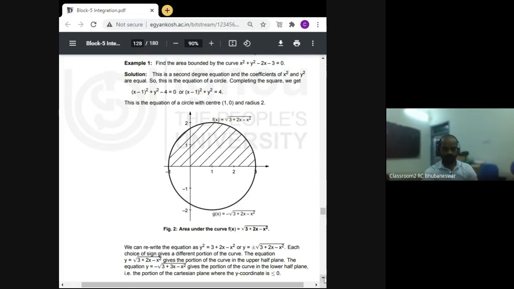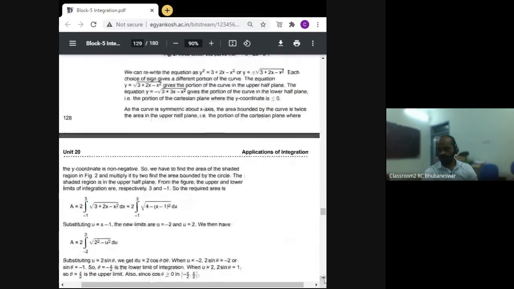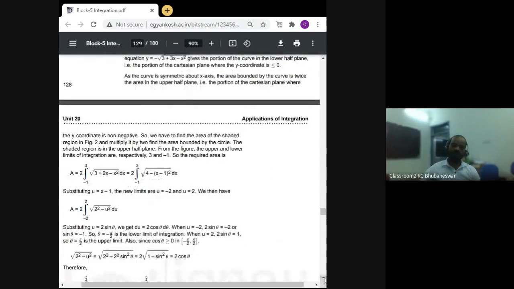We can also easily verify this from the figure on page number 128. So these are the simple basic applications of integration to calculate the area under a function with respect to a certain interval AB.